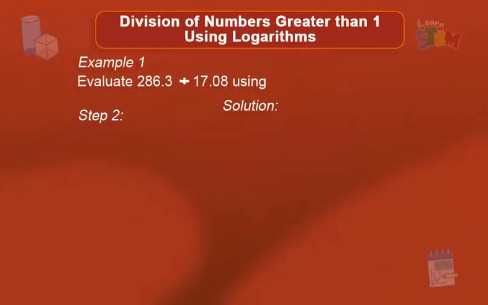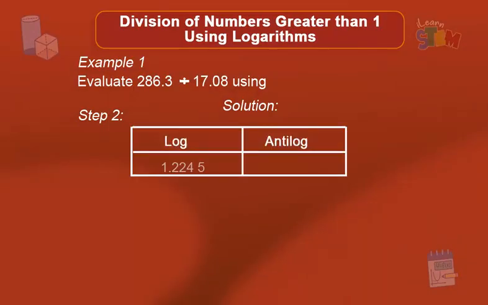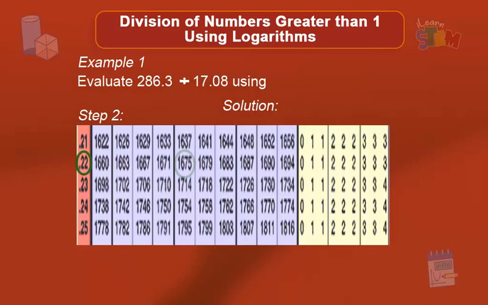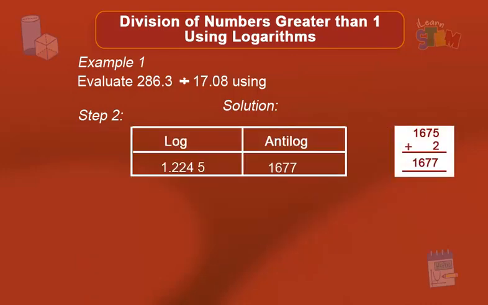For the second step, we will get our antilog table. Let us draw another table and insert the answer from step 1. We will now read from tables, antilog of 22 under column 4. And add the mean difference of 5 in the row, which is 2. This gives us 1675 plus 2. Our answer is 1677.